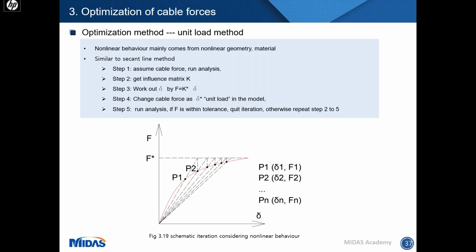We check whether F is within tolerance. If it's within tolerance, we quit iteration. Otherwise, we repeat. Generally speaking, we use many iterations, and for each iteration, we check whether it's within tolerance. If not, we modify the matrix K and start analysis again.